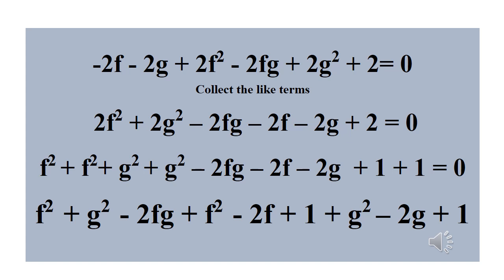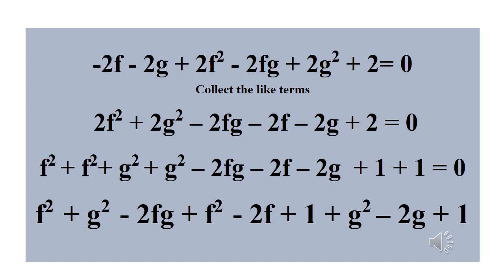Then if you rearrange everything, we split the 2f squared to f squared plus f squared, because 1f squared plus 1f squared means 2f squared. So if you split it or simplify it, break it down, we have f squared plus f squared, that will give us 2f squared, then plus g squared plus g squared, that will also give us 2g squared, then minus 2fg minus 2f minus 2g plus 1 plus 1 will give us plus 2, then equals 0.